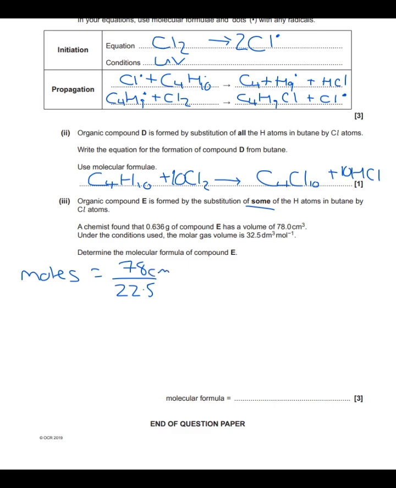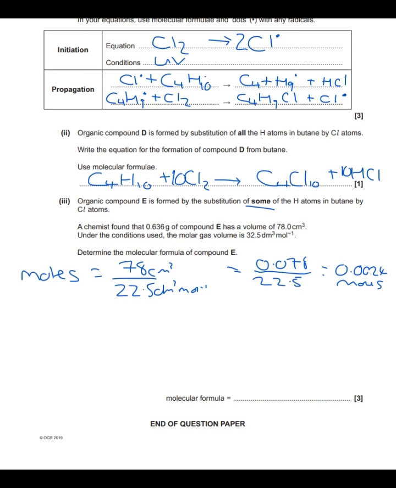However, this is in centimeters cubed, this is in decimeters cubed. So I'm going to convert the 78 centimeters cubed into decimeters cubed by dividing it by 1,000. So that's going to be 0.78 over 22.5. So we have got 0.0024 moles of compound E.